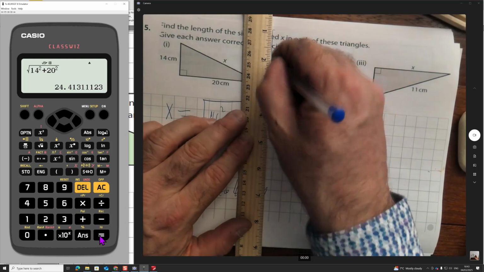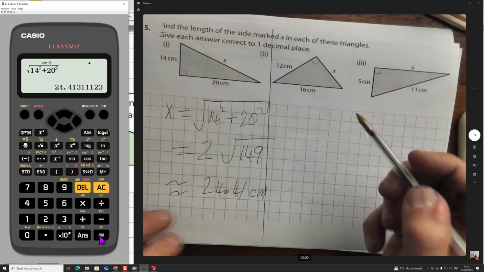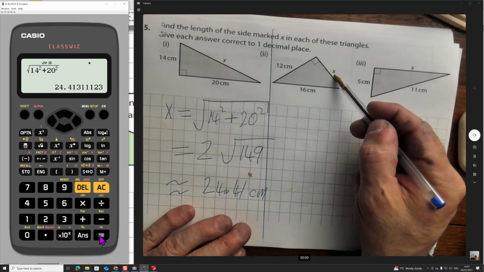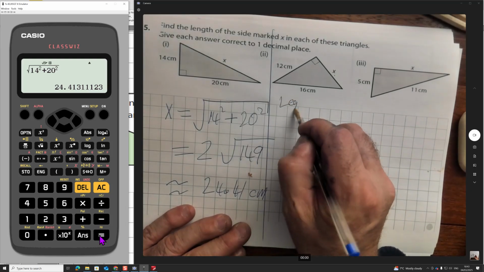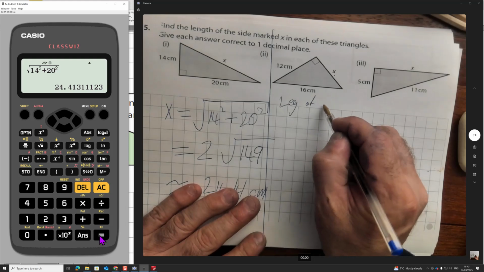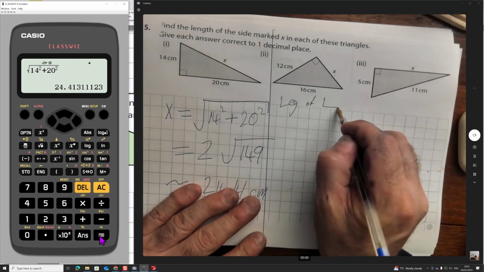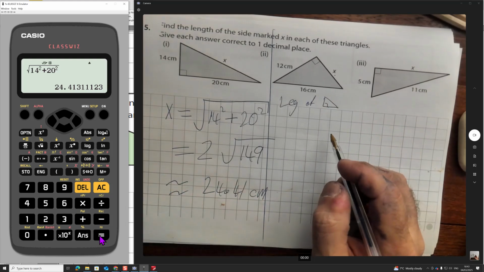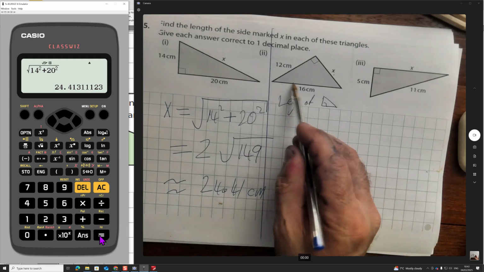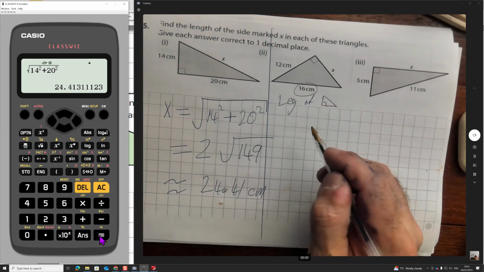Okay, we'll partition our page down here. We'll identify that this X is a leg of a right angle triangle. So we're going to use minus in the formula, and this is the hypotenuse. We need to identify it.